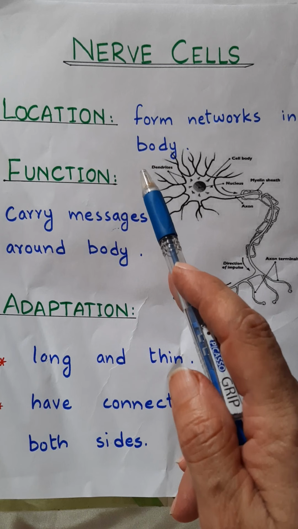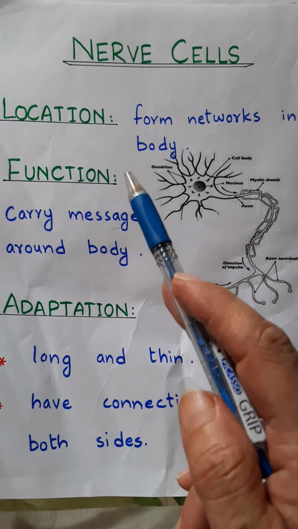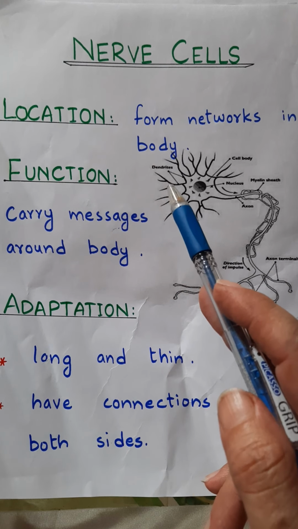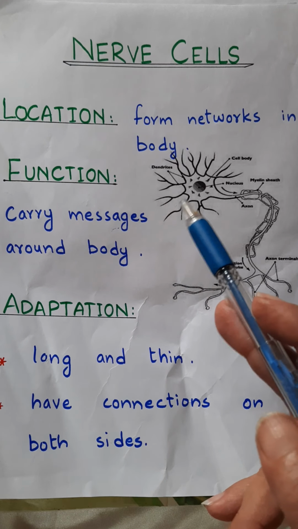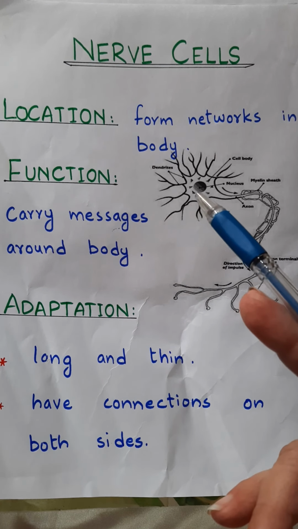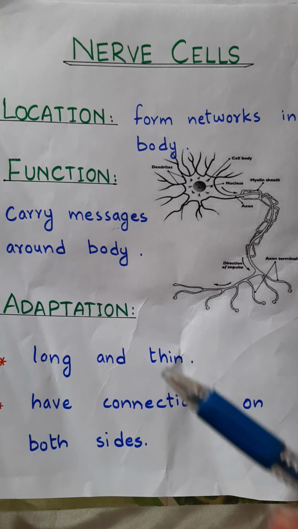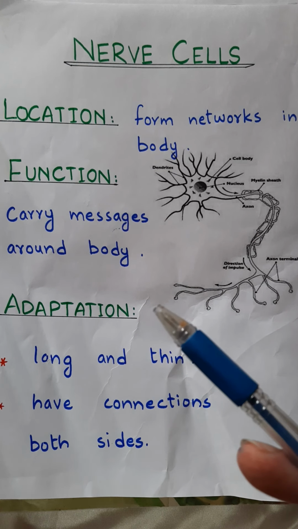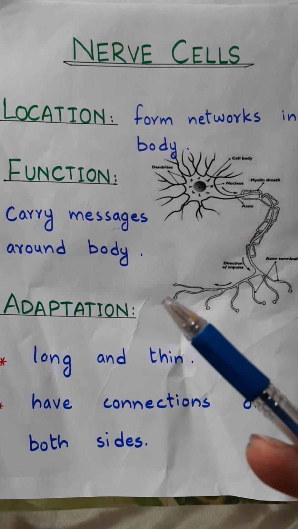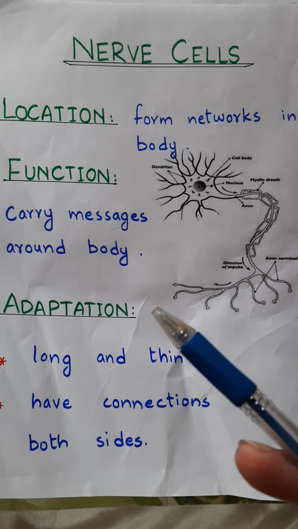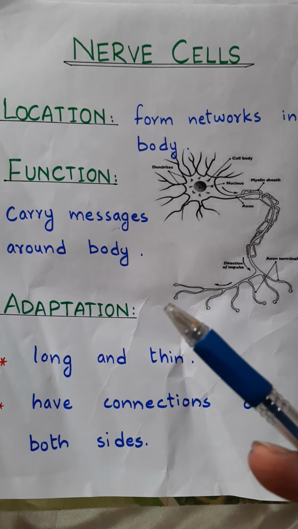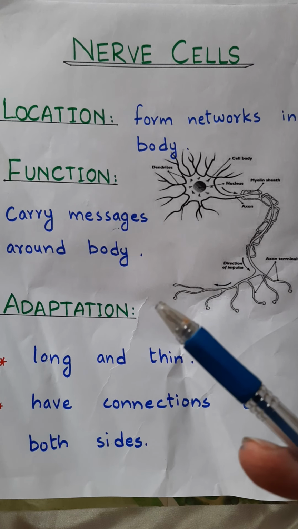Because they have to send messages from each and every organ of your body, and especially, see, you have the largest organ, called the skin. They have nerve endings at the skin, and they take messages from the skin whether the object you have touched is hot or cold, or you are experiencing some pressure, heat, coldness, pain, all these things.